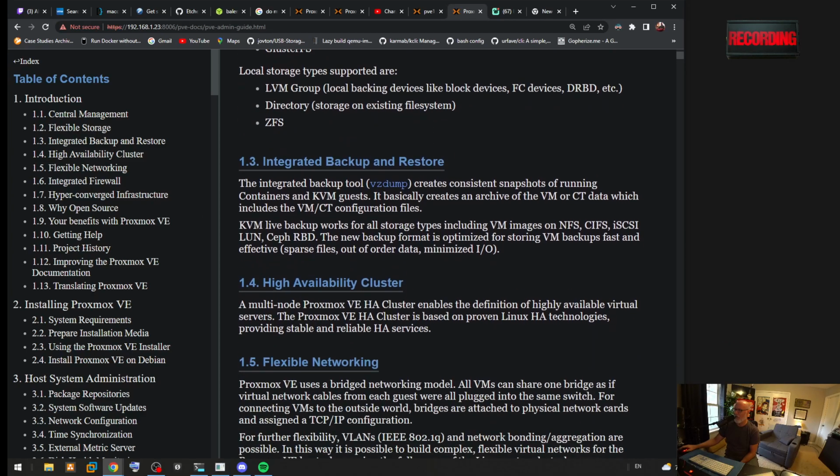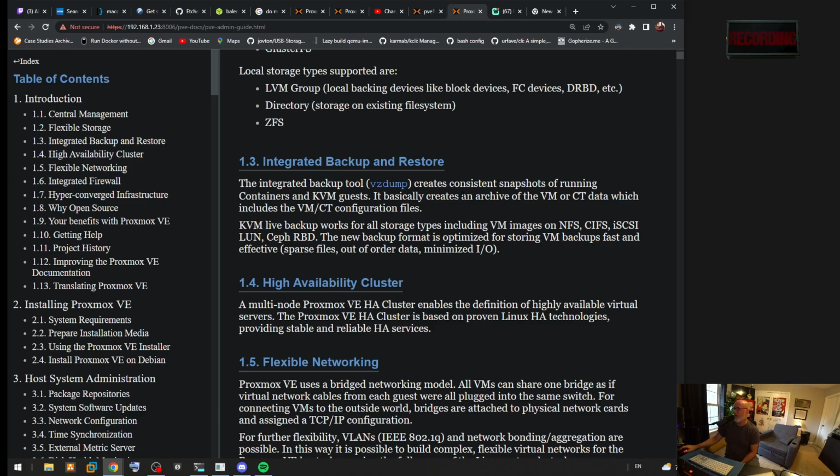All right. 1.3, integrated backup and restore. The integrated backup tool of VZDump creates consistent snapshots of running containers and KVM guests. Oh my gosh, that is so cool. ESXi has that, but my God, that's so cool that it has it. Running backups.